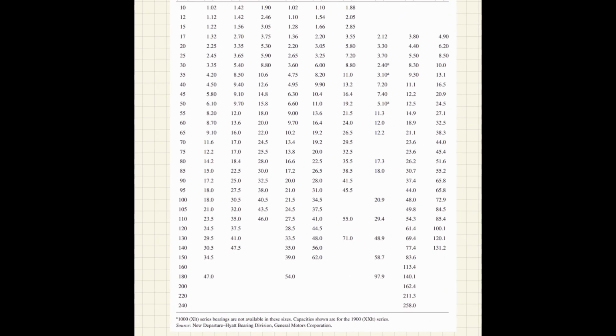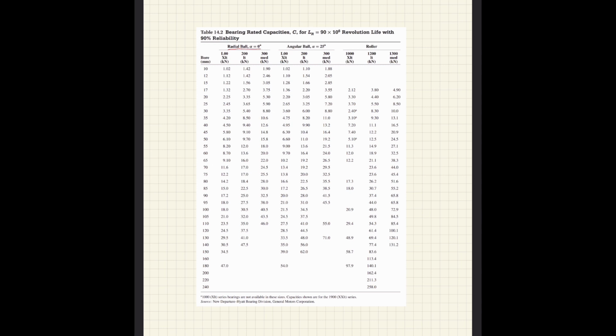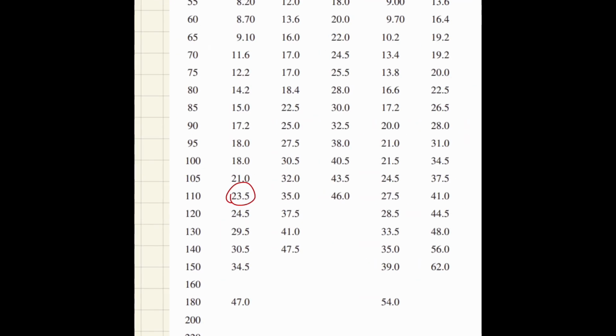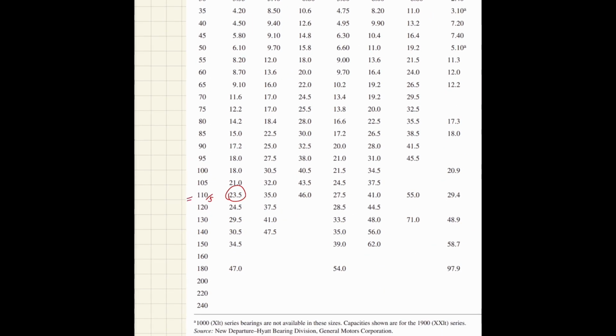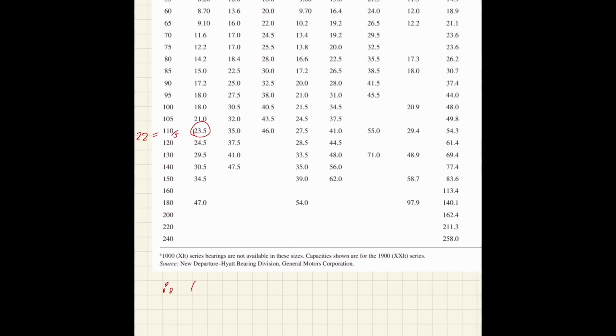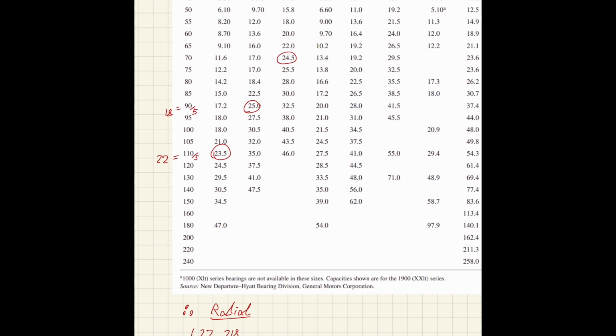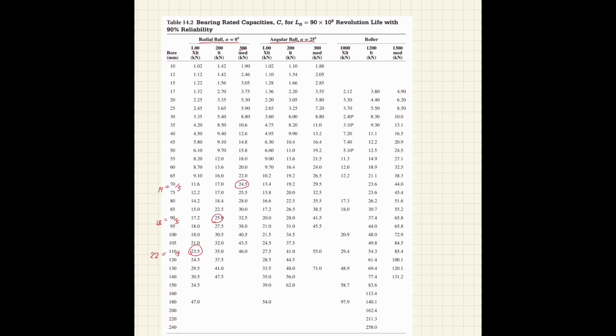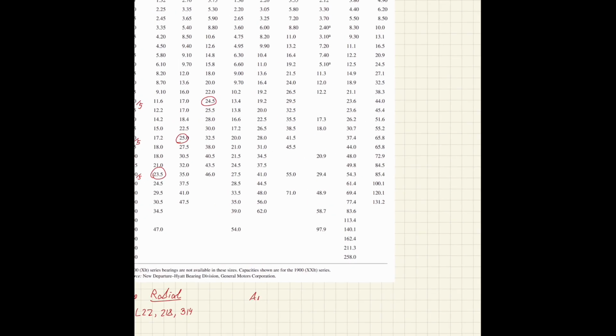So the way this table works, we're going to find a number for 0 degrees and 25 degrees, and we have to find it so that it's greater than 23.3. So 23.5 is greater. If we take 110 divided by 5, we get 22. L is 22 then. For the next ball bearing type, we take 90 divided by 5, 18. So we get 218. That's the next ball bearing that we may select. And if we want it to withstand 300 kilonewtons or so, we take 70 divided by 5, gives us 14, and we're left with 314.